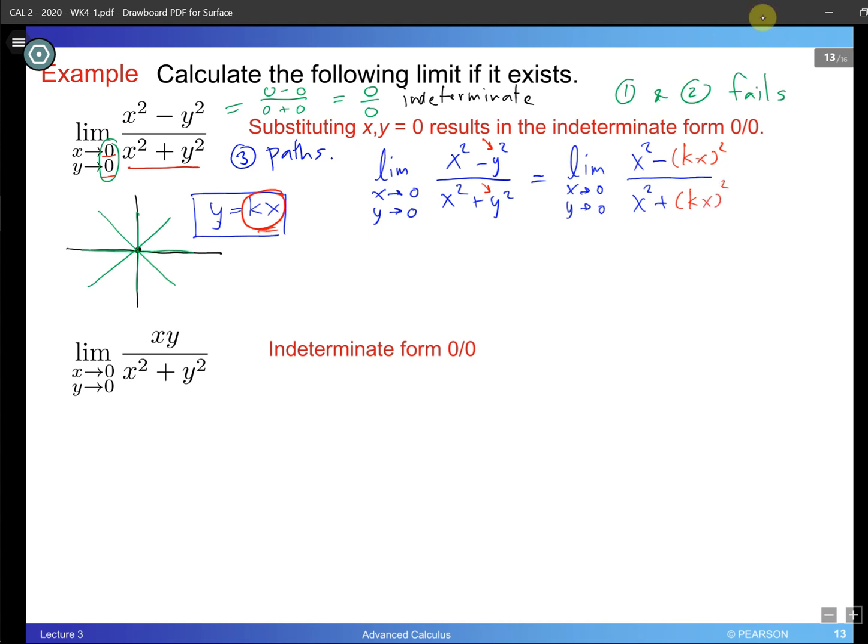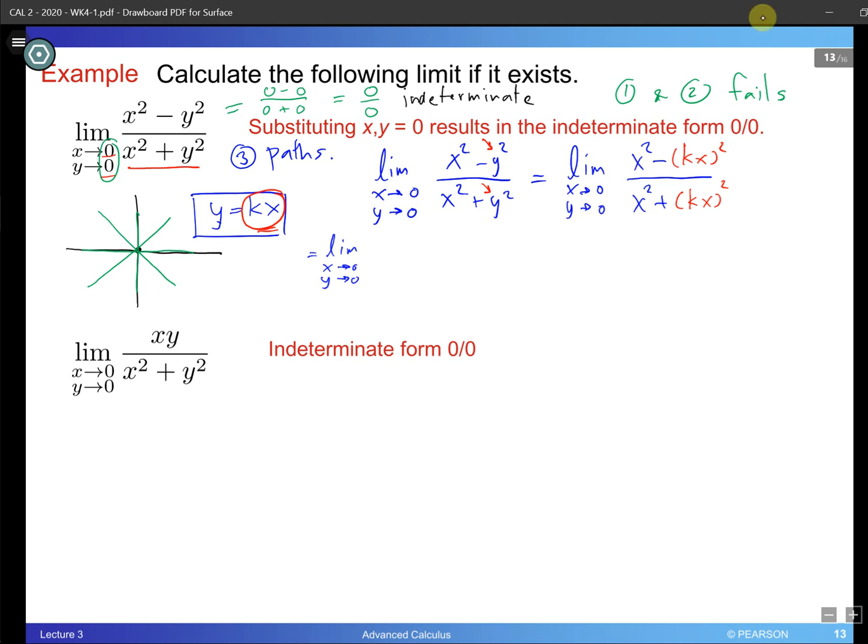So let's take a look here. What do we have? Here we are going to have the limit of x goes to 0. I need to save some space, so let me change this. Okay, this is going to be equal to the limit when x approaches 0 and y approaches 0.